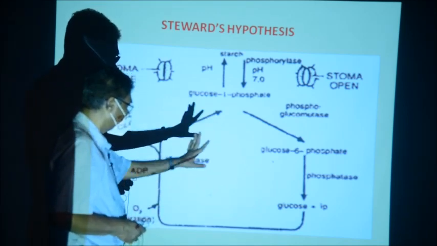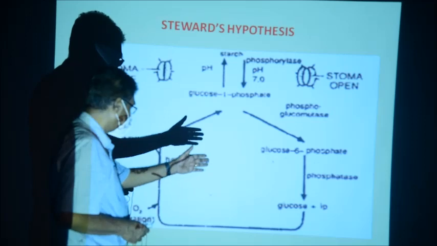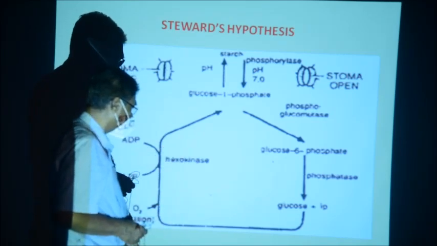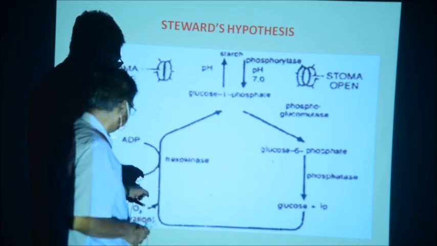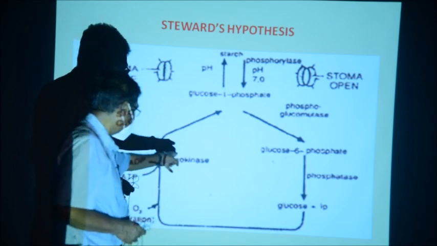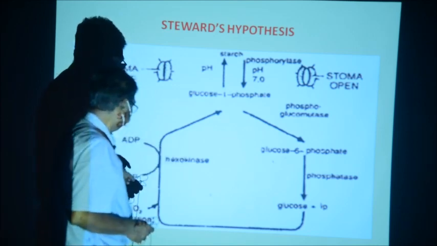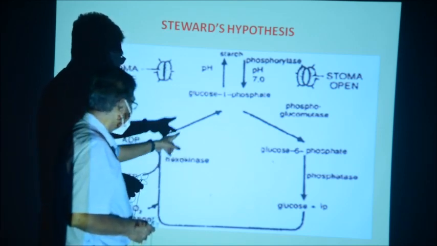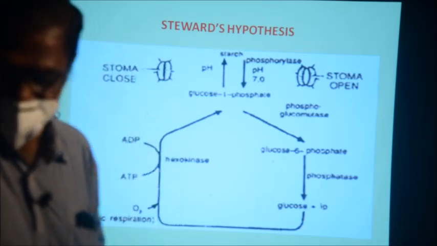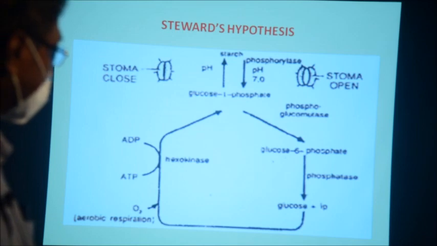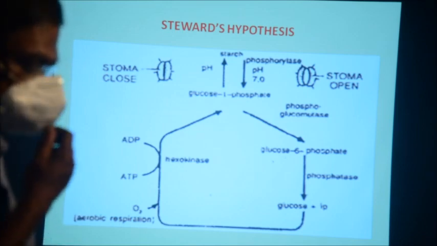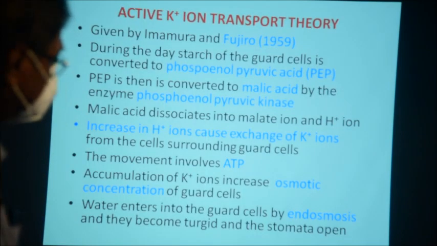Glucose 6-phosphate is osmotically active, so that causes opening of stomata by increasing osmotic concentration, and once glucose is formed, that is converted back to glucose 6-phosphate by the enzyme hexokinase in the presence of ATP, and glucose 1-phosphate is converted back to starch in the presence of the same enzyme phosphorylase, but the pH is 4.2 to 4.5.